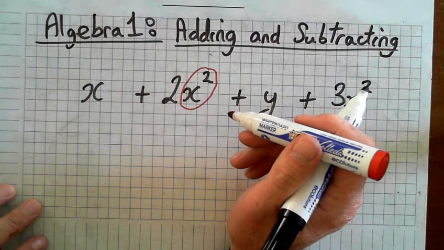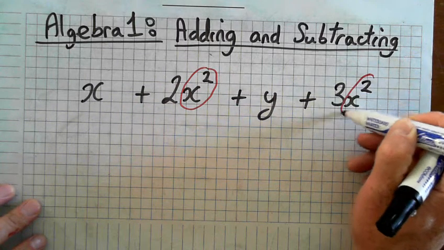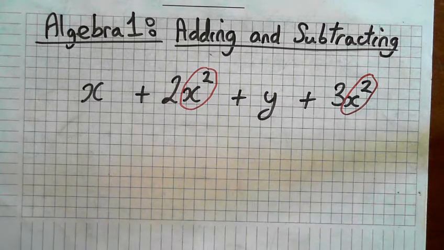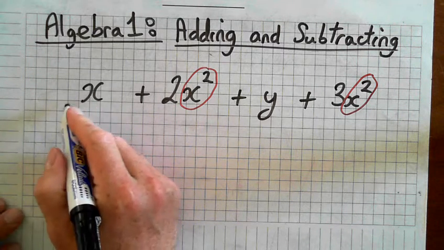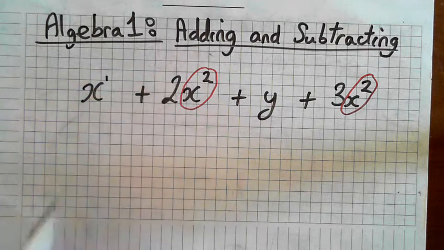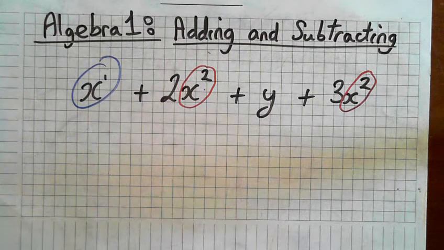Like a car. That's an object. It's the same object, isn't it? So first of all, how many x's have we got? This is x to the power of 1, which is a completely different object. It's a completely different thing to an x squared.